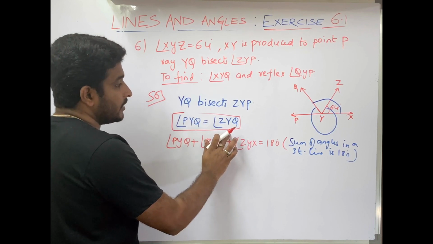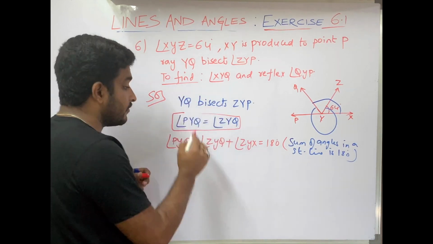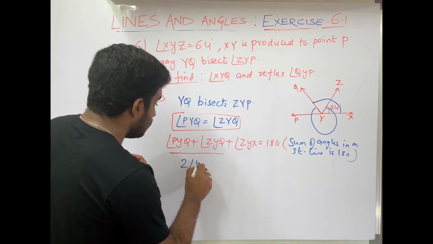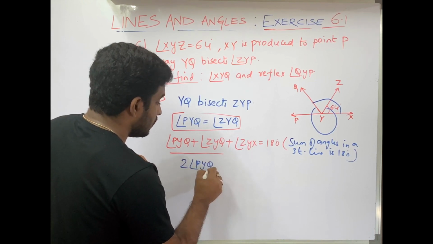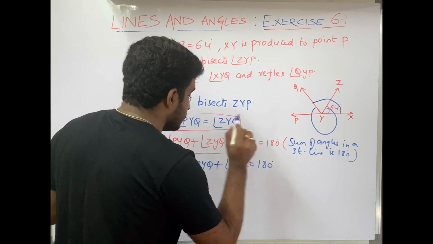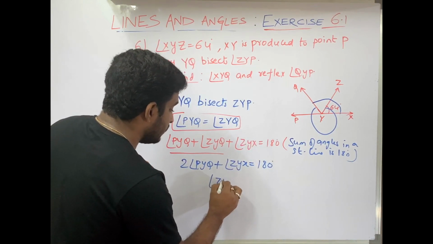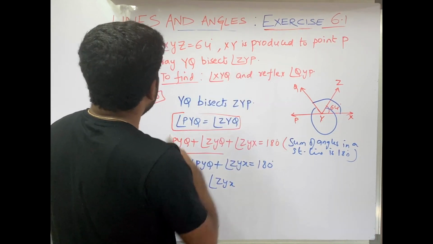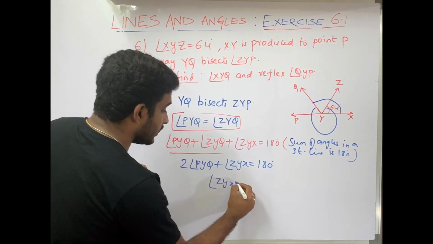Angle PYQ and ZYQ are equal because YQ bisects ZYP. That means 2 times angle PYQ plus angle ZYX equal to 180 degrees. Angle ZYX they gave as 64 degrees.